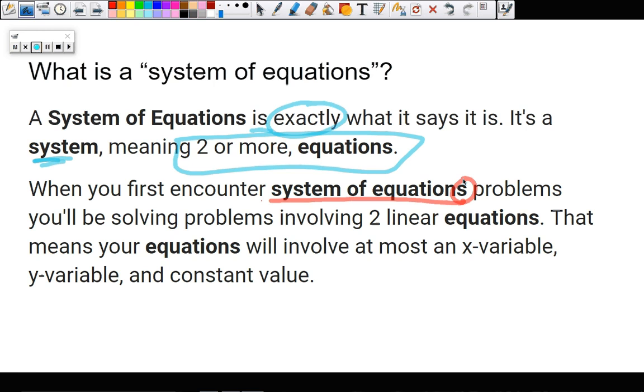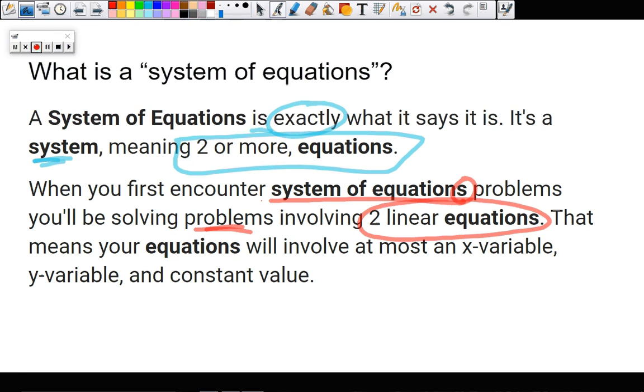You'll be solving for problems. So yes, we're going to solve for variables. We're going to solve for certain types of variables, whether they're 2, 3, 4, 5 equations, okay? But they will always be, in this unit, systems of linear equations.